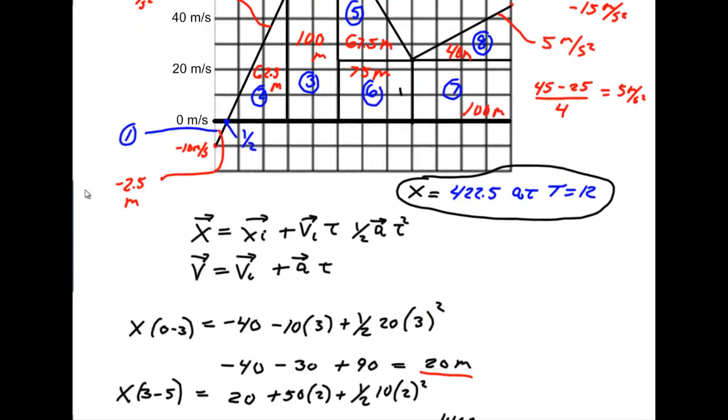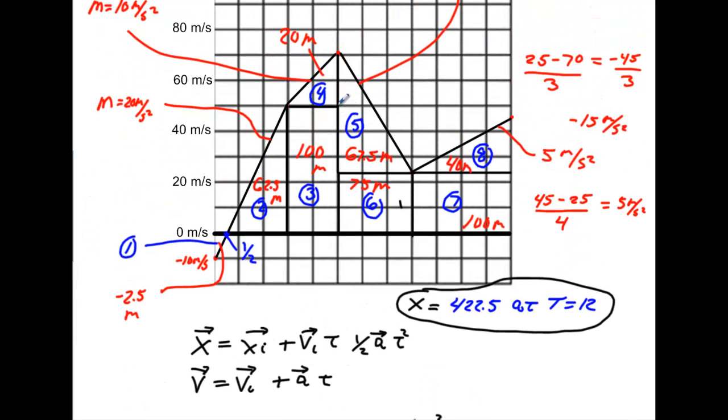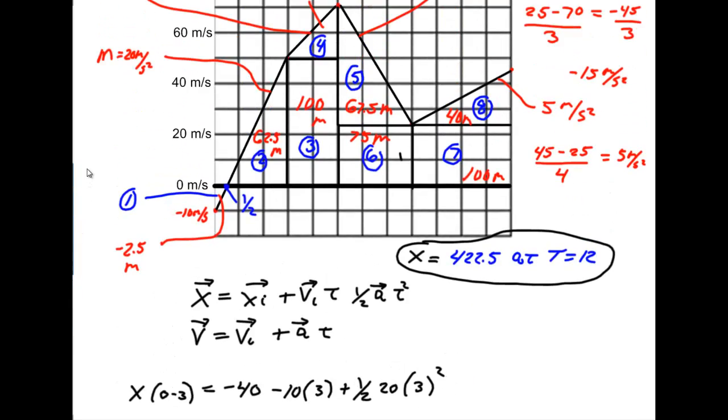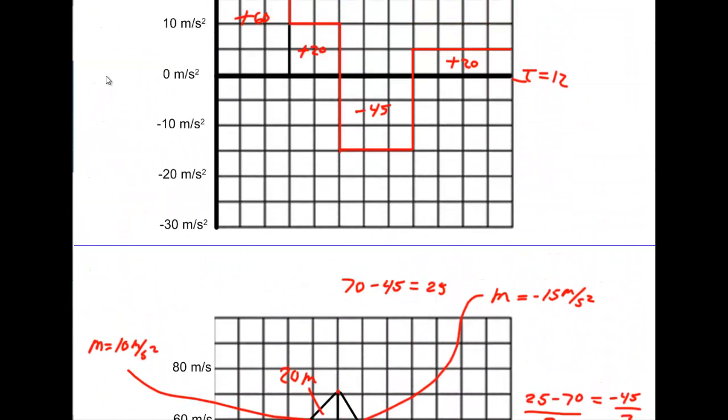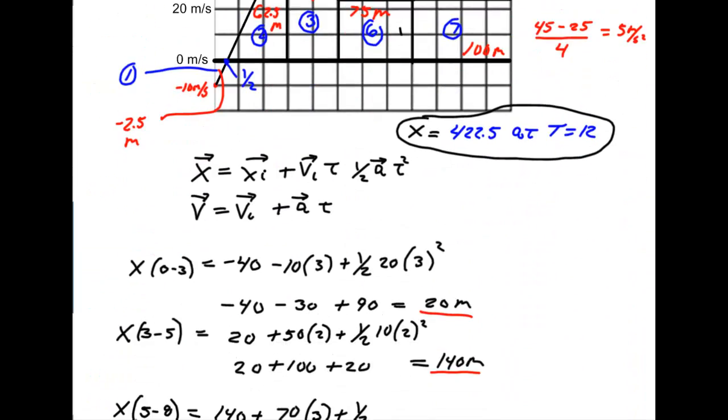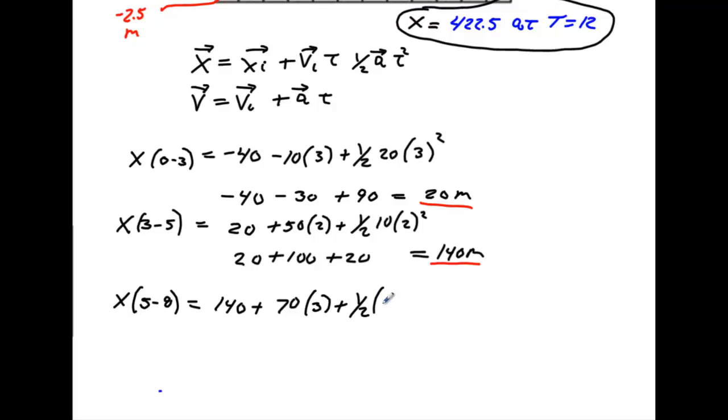Again, we look and see what time increment we're going from. We're going 3 more seconds, so we do that times 3. Plus 1/2. We look to see what our acceleration is at that point in time, and we have dropped all the way down to -15, over 3 squared.